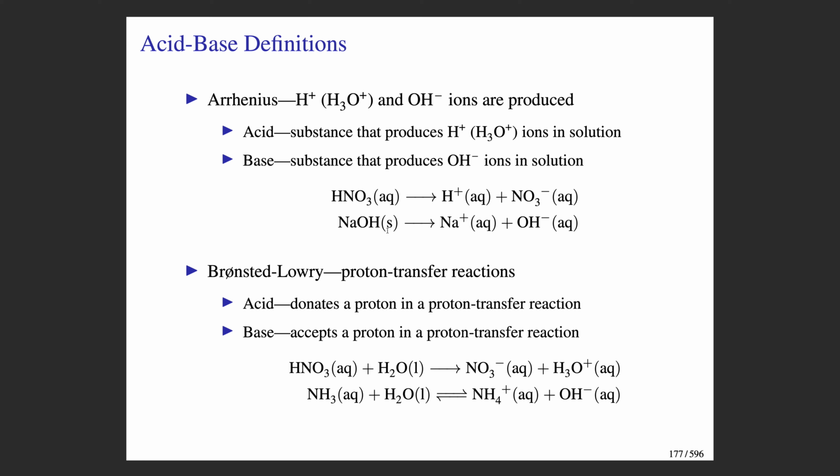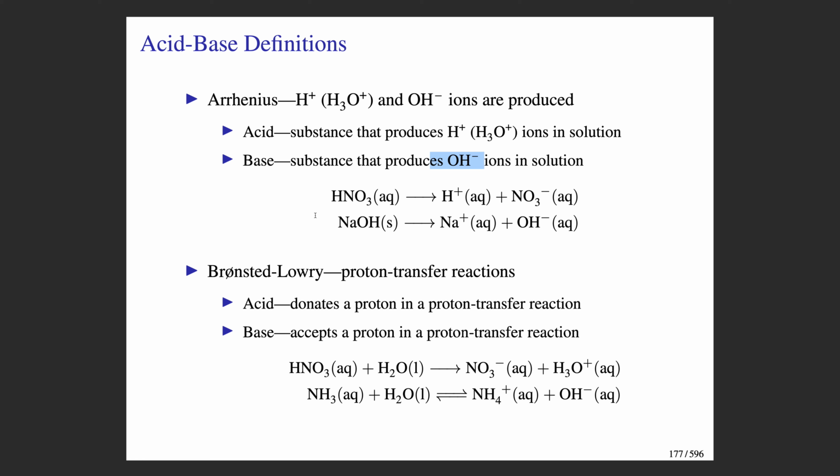It's a solid. It's a white sort of crystalline substance. If you drop that into water, eventually it will dissolve, and you'll have separated sodium ions and hydroxide ions. Because the hydroxide ions are formed, Arrhenius classifies this as a base. Okay, so acids produce hydronium, bases produce hydroxide in solution.